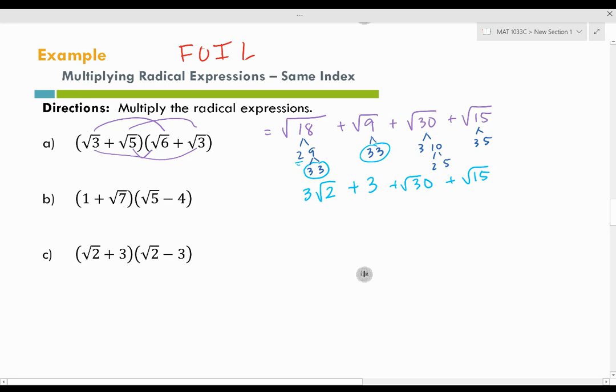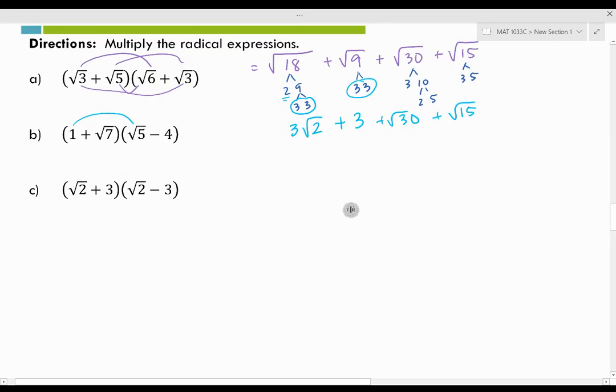All right, cool. Let's look at the second one. We're going to use FOIL again. First, 1 times the square root of 5 is square root of 5. 1 times negative 4, that's negative 4.